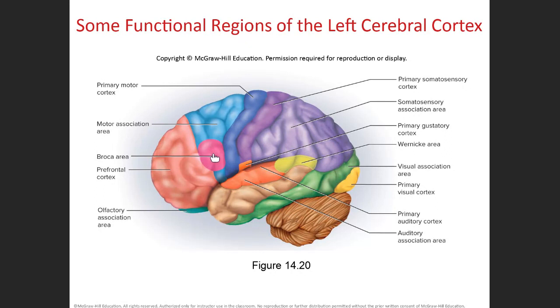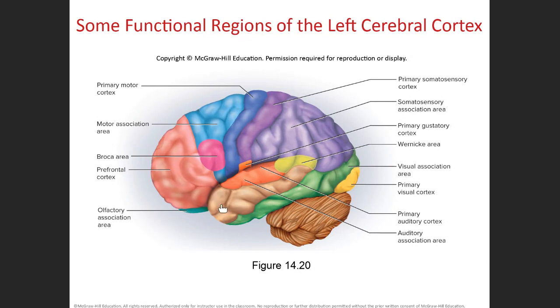And again, our middle cerebral artery is coming up right here. The middle cerebral artery receives blood from the carotid artery, which traverses up the neck. That carotid artery is coming up this way, and it's feeding into the middle cerebral artery, which will be under the brain in the middle here.